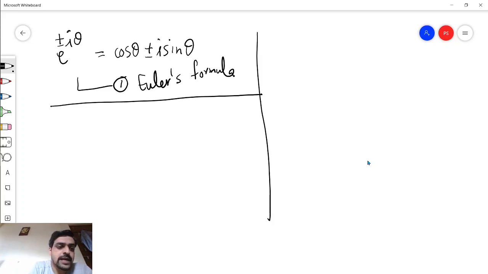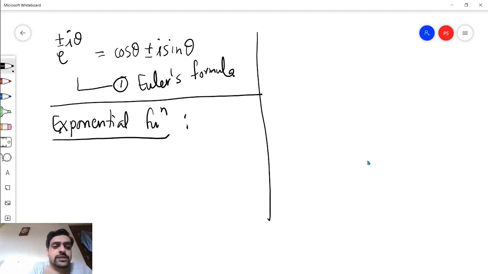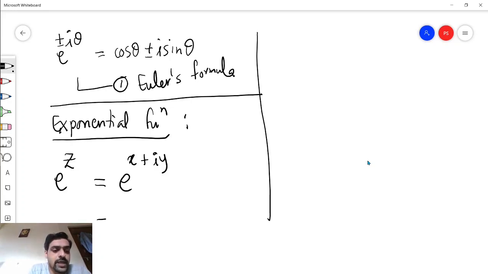Now let us try to express an exponential function involving a complex number. So to begin with, we will write it as e raised to z. Now remember, z is not a real number, it's a complex number. So instead of z, I have to write here e raised to x plus iy. Now this can be split as e raised to x into e raised to iy.